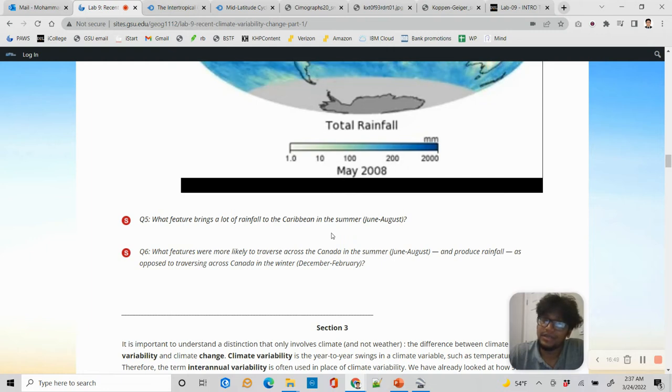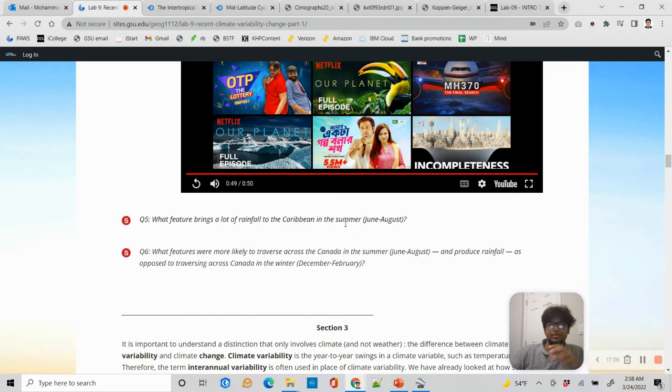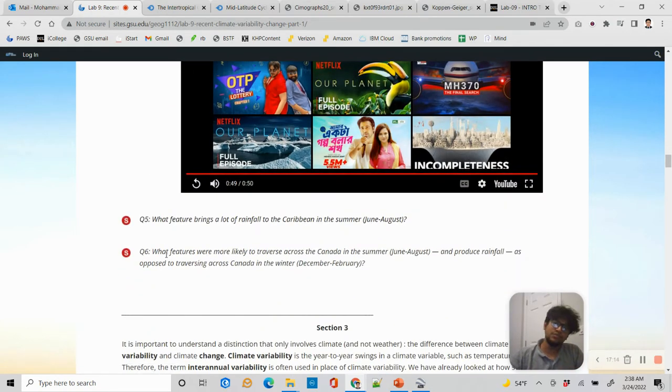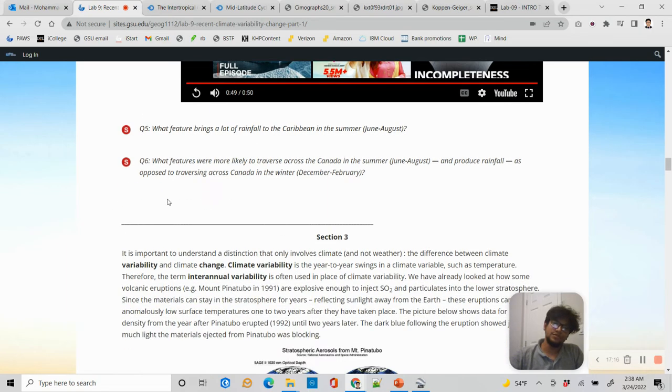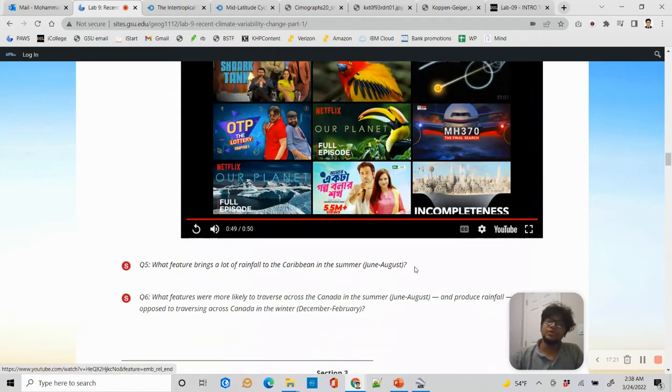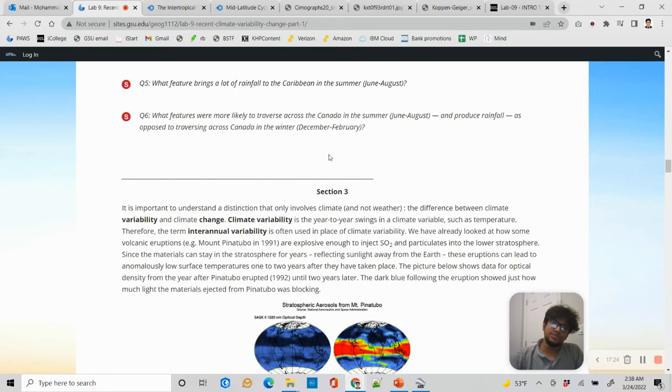The idea is that any region that falls in the equatorial periphery has more to do with the ITCZ, and any region that is relatively far from the equatorial region, toward the polar region, will be more likely to have the effect of the second option here, the mid-latitude wave cyclone. So that's the idea. Just answer your question based on those things.